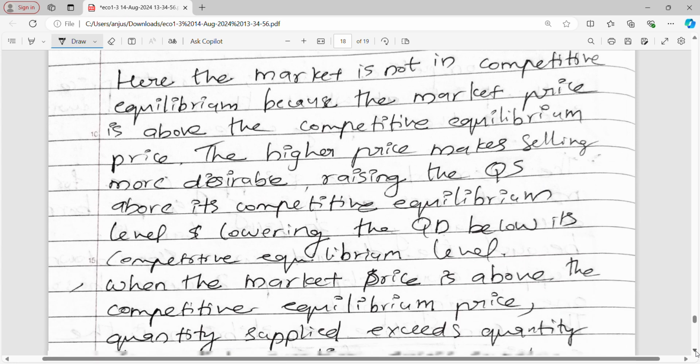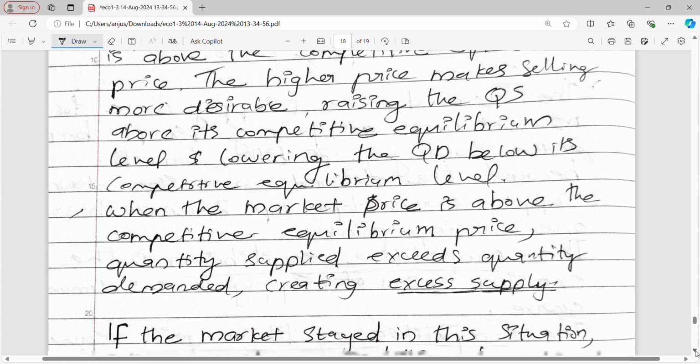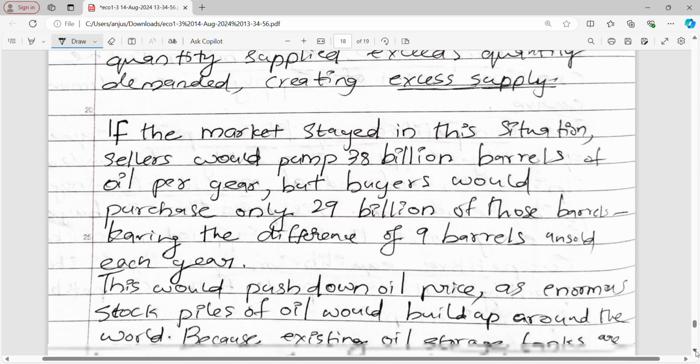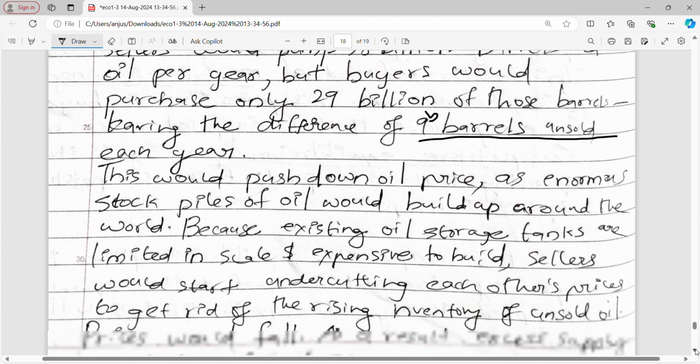There comes excess supply. So here 9 billion barrels are unsold each year.